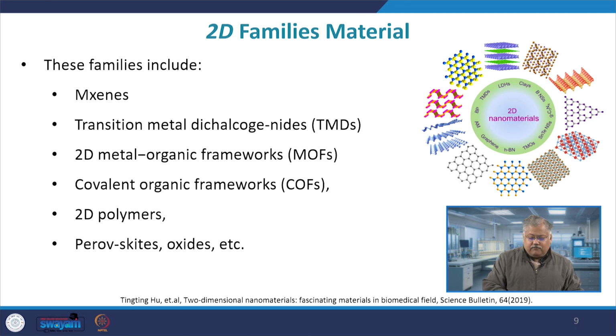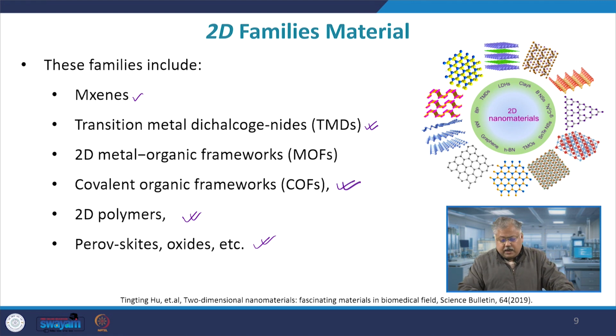If you look at 2D families of material, they include TMDs, transition metal dichalcogenides. We also have MOFs, covalent organic frameworks, 2D polymers, and perovskites and oxides. Perovskites and oxides are typically used in many solar cell applications.